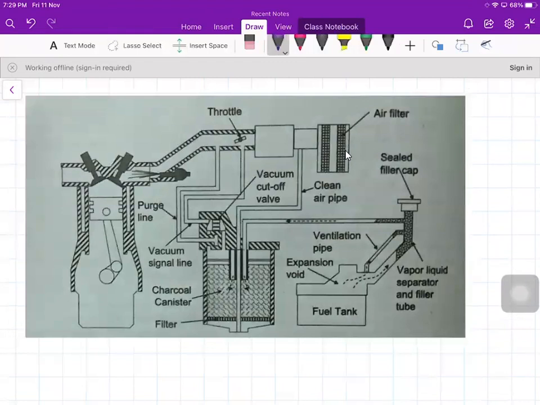Now we'll look at what fuel tank losses means.